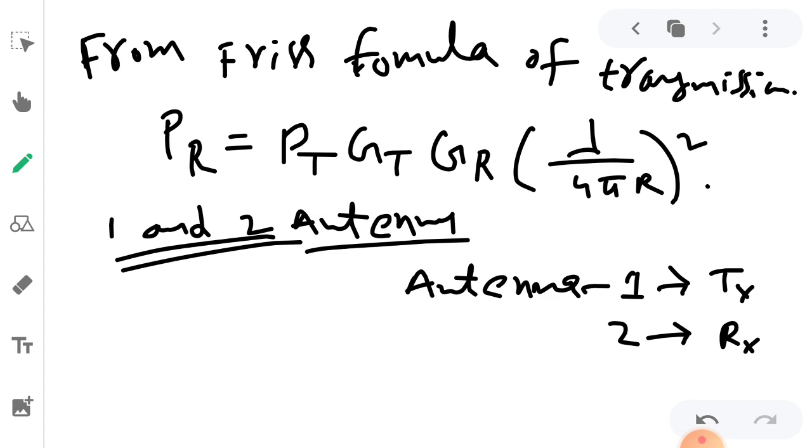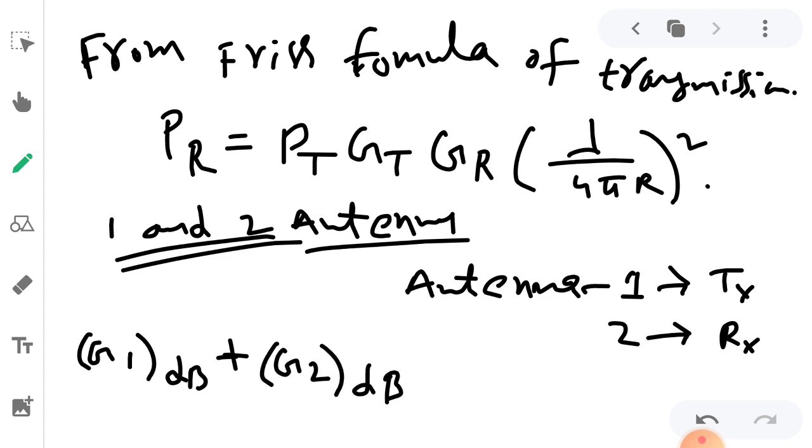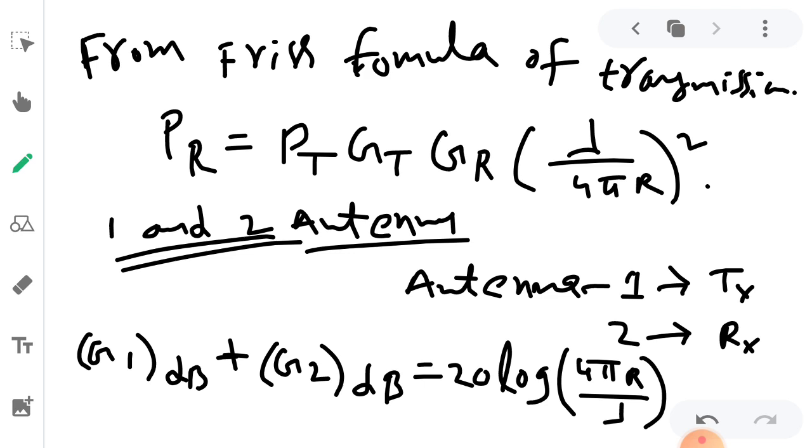Using the Friis formula here, as we have done earlier, we can directly write the equation in decibel form, G1 in decibels plus G2 in decibels is equal to. We have already seen how we took the log, then multiplied both sides by 10, then simplified. Everything is the same as what we did in the absolute method, so here we can directly write the equation.